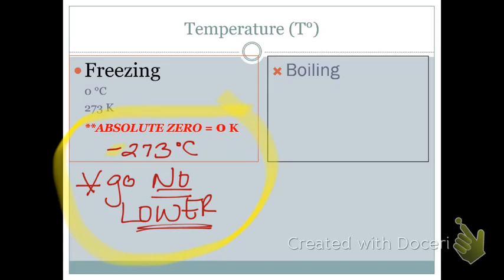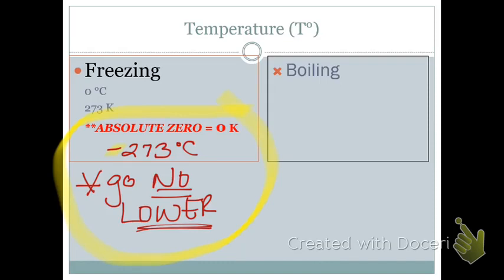So if you get a number that is less than 0 K, that does not exist. If you're given a number that is lower than a negative 273 degrees Celsius, it does not exist. You cannot do a negative 273.004. It is negative 273 degrees Celsius, period. It can't be negative 0.03 K. It has to be only 0 K. That's as far as you can go.